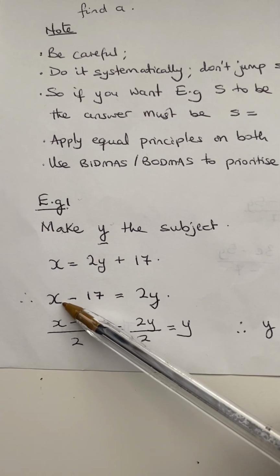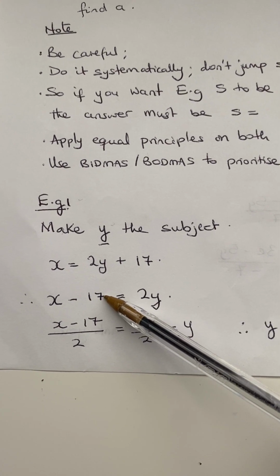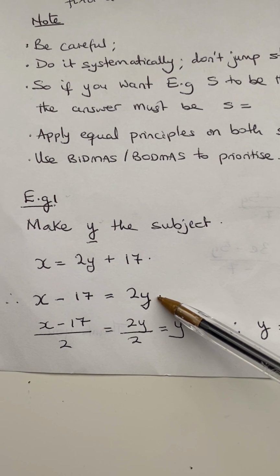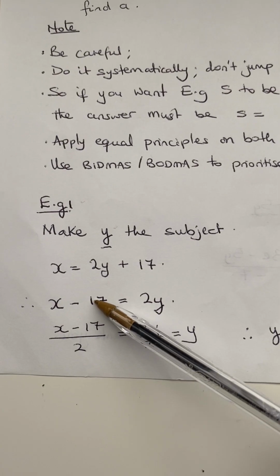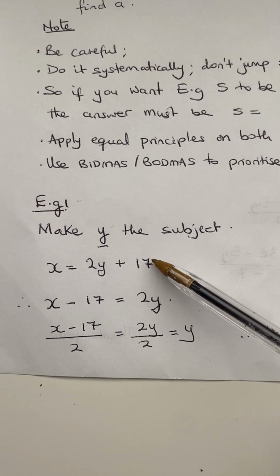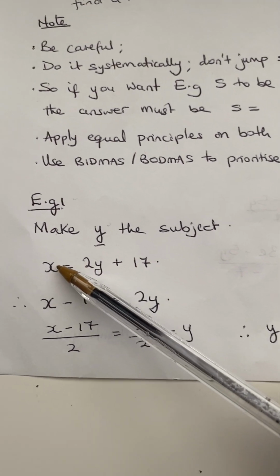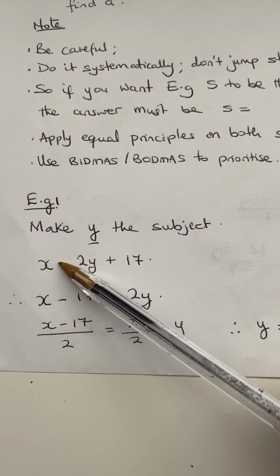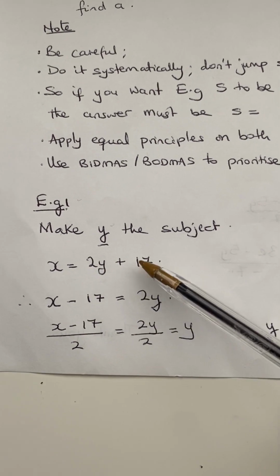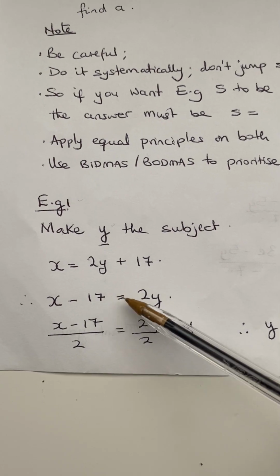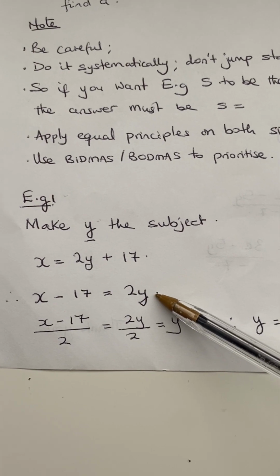So x minus 17 equals 2y, because we subtract 17 from here, and we subtract 17 from here. We do the same thing on both sides. So x minus 17 equals 2y.